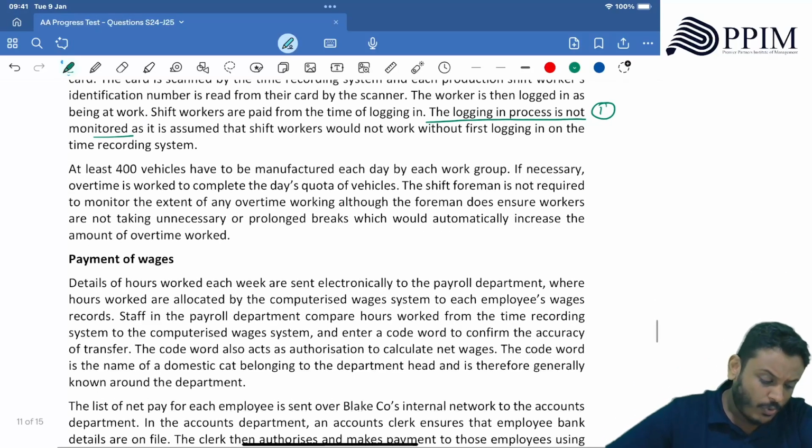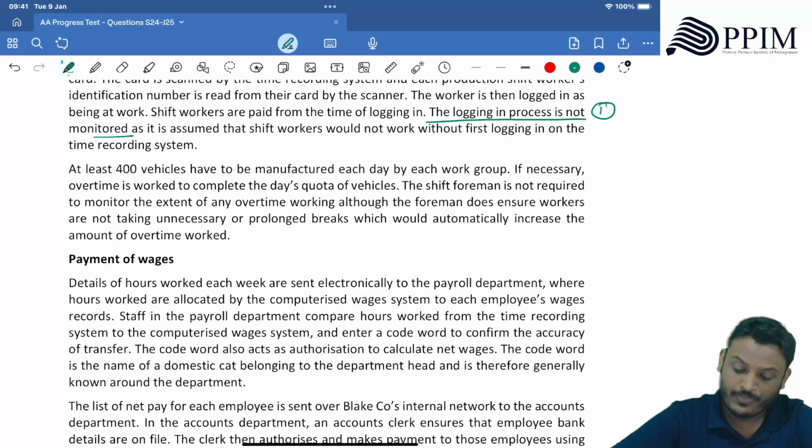At least 400 vehicles have to be manufactured each day by each work group. If necessary, overtime is worked to complete the day's quota of vehicles.